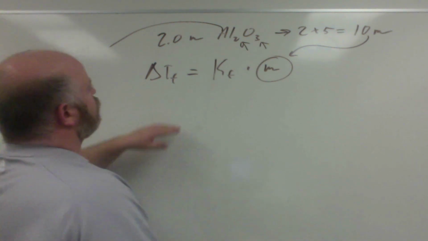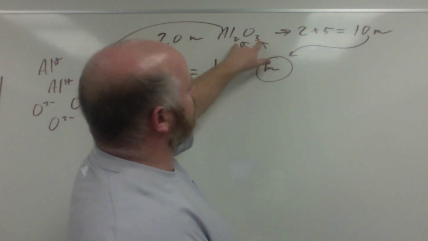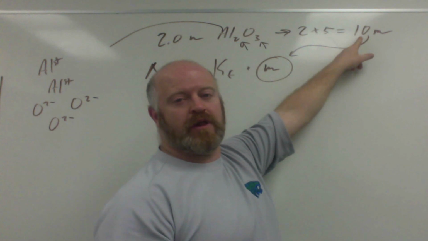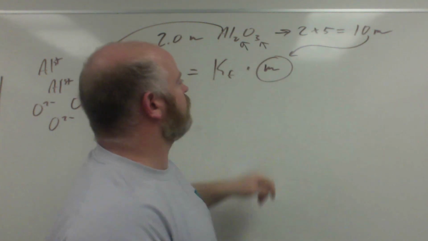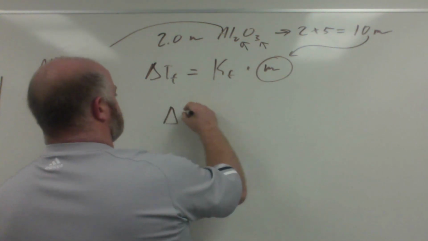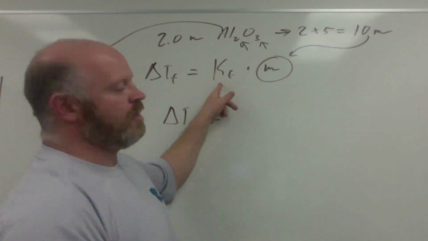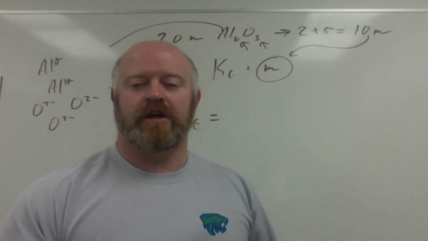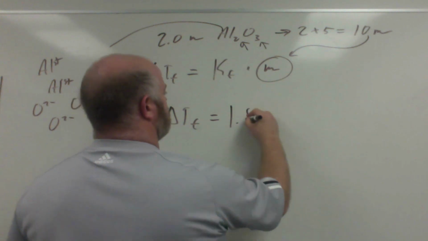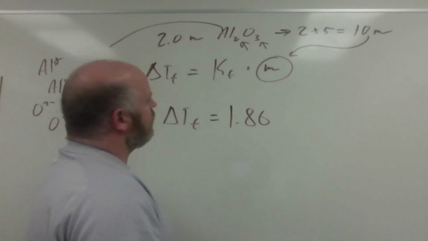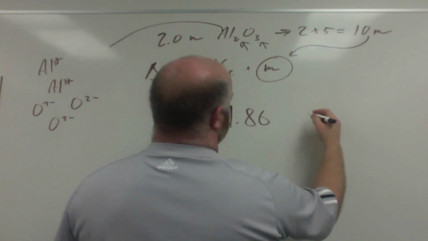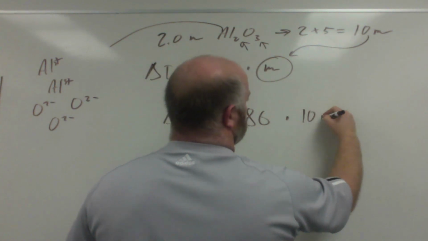So a 2 mol solution multiplied by the number of ions gives us a 10 mol effective solution. Plug that into our equation, and now our change in temperature for freezing. We look up the Kf, which will be given to you, is 1.86. And that is going to be times our 10 mol.